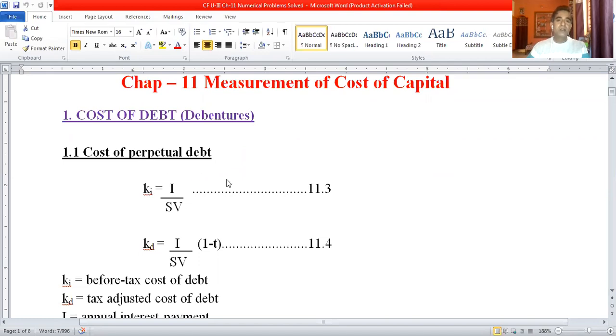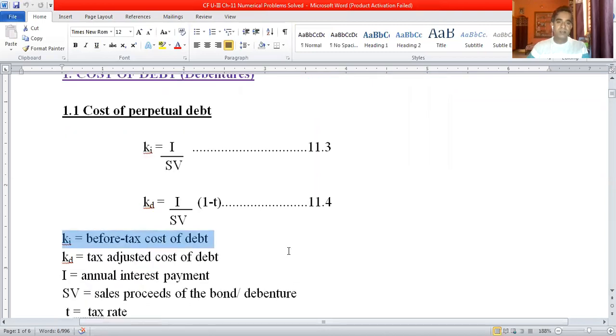So we learned two equations for the cost of perpetual debt. One is KI, the before tax cost of debt, but the effective cost of debt would be the after tax cost of debt, so we need KD. KD is nothing but the tax adjusted cost of debt.